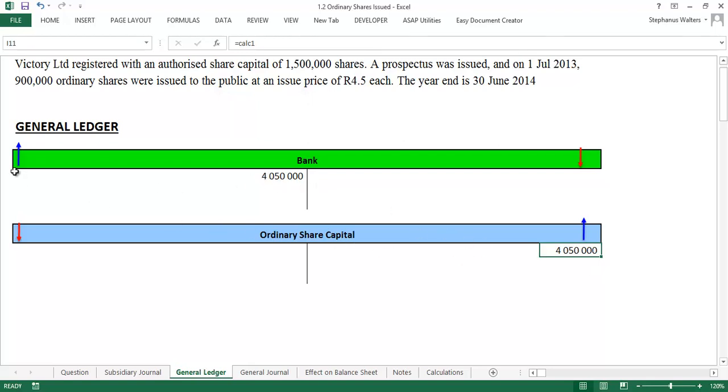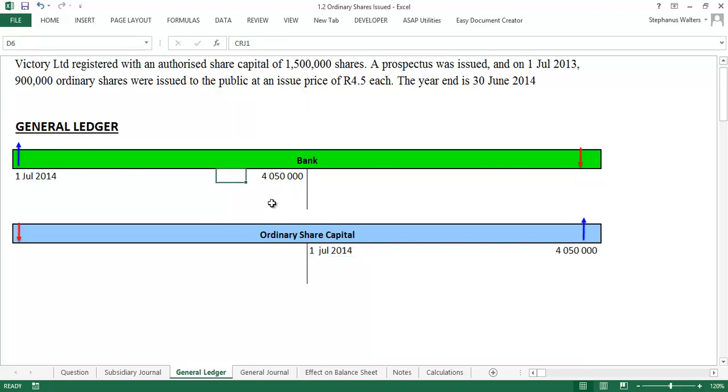Now the next step is just to complete the details. We're going to fill in the date on the 1st of July 2014. So we can fill that in here, 2014. And we can fill in the date here, 2014. All right. And then we need to put our journal as well.